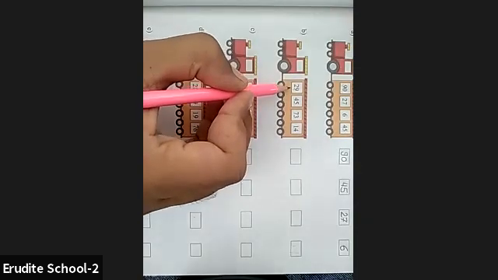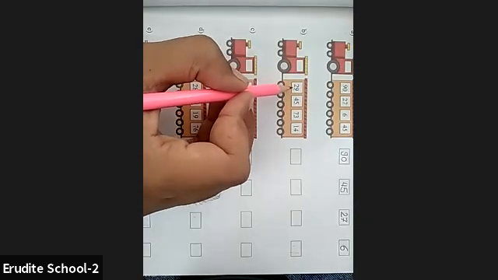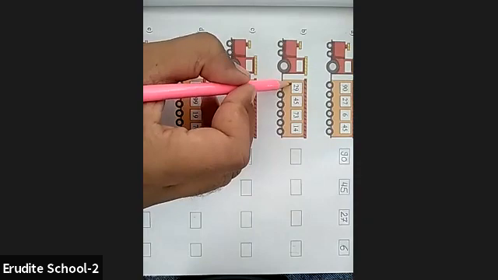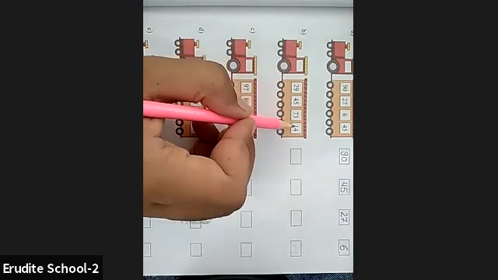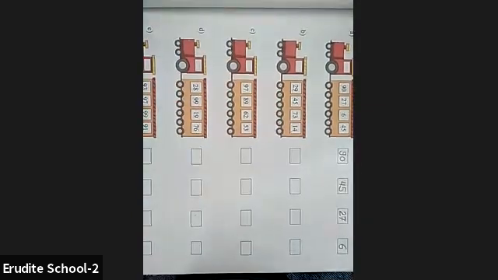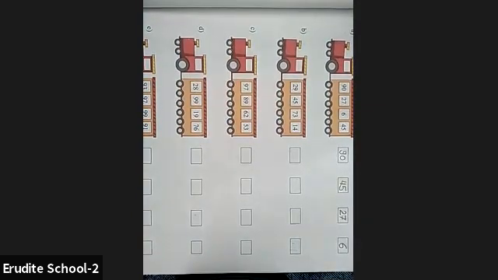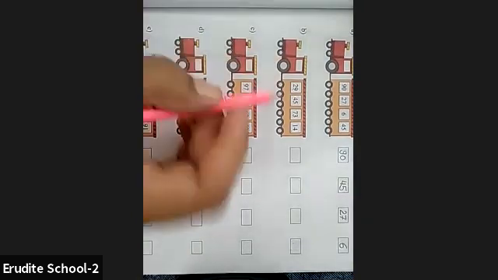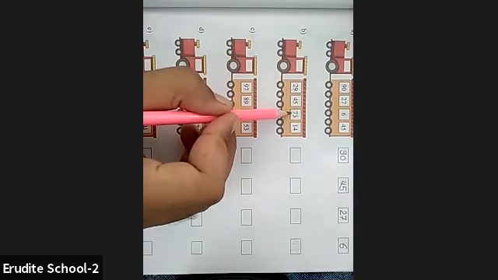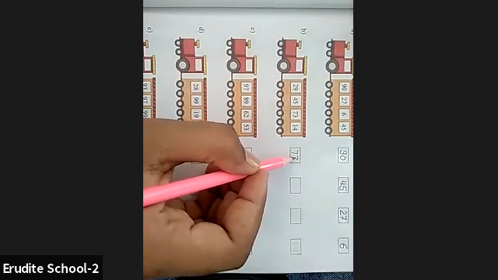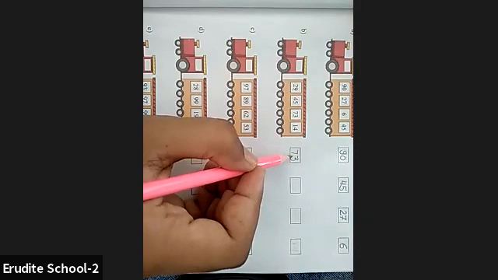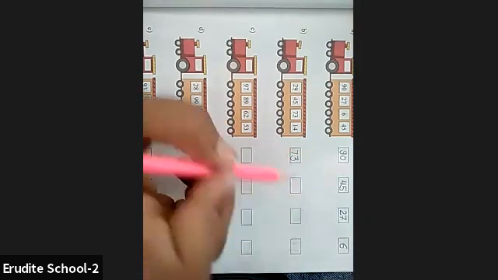Is it clear? Okay, now we will do B. Yes, you can see there are 29, 45, 73, 14. Okay, so which number is the greatest number in all? So 73. 73 is the greatest number, because we have to arrange in descending order, means greatest to the smallest.